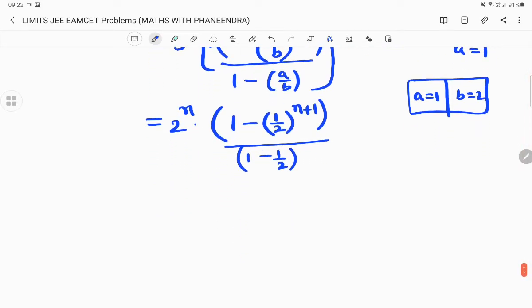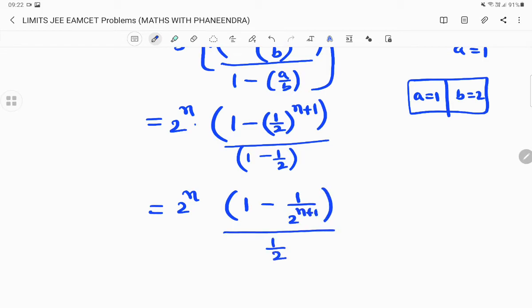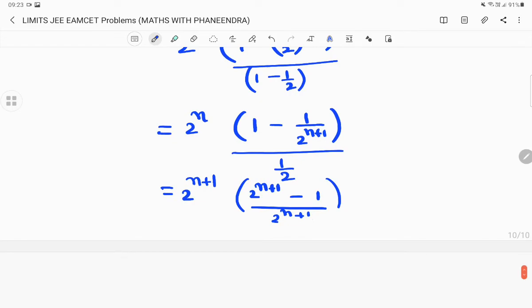So 1 minus 1 by 2 is 1 by 2. So denominator of denominator goes to numerator. It will become 2 power n plus 1 minus 1 divided by 2 power n plus 1. So 2 power n plus 1 cancels and we get 2 power n plus 1 minus 1.